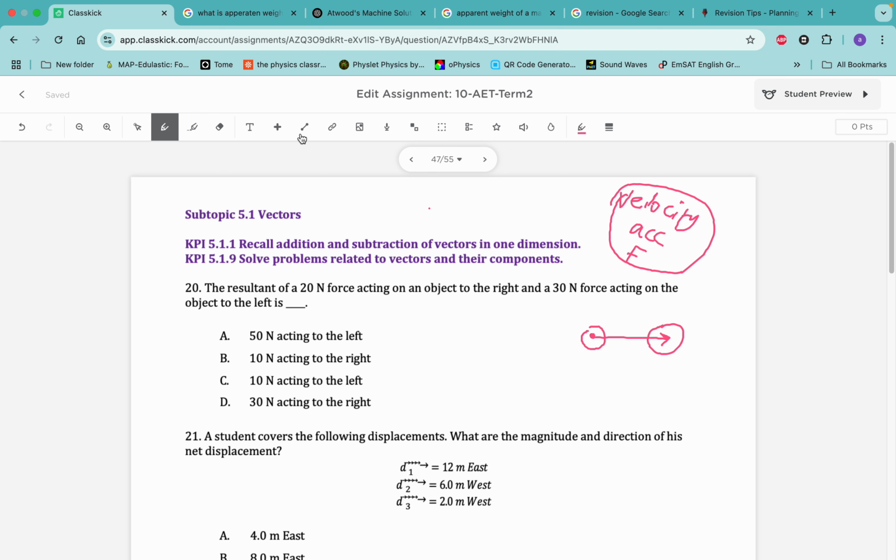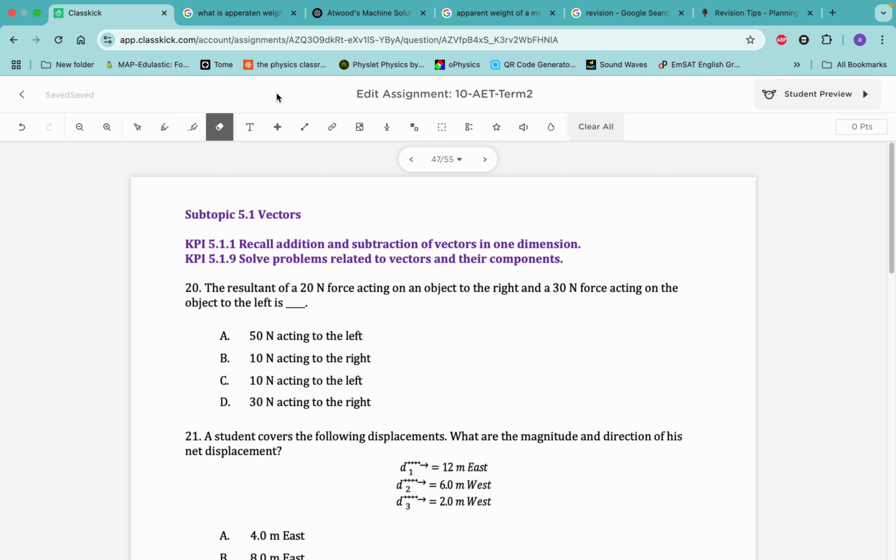Now, regarding the first question, the resultant of 20 Newton acting to the right. I prefer to draw to help you understand more. So we have 20 Newtons to the right, while 30 Newtons to the left. Now we need to find the resultant force, which is the total.